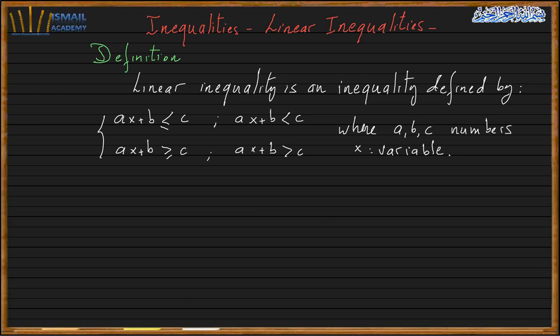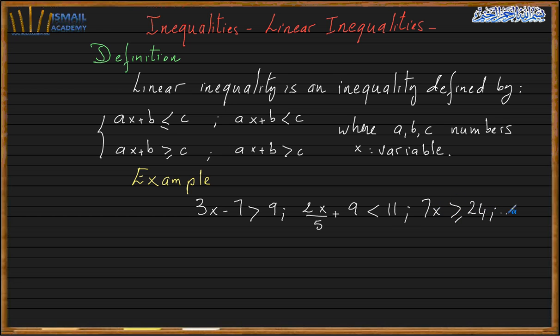Let me give an example of linear inequality. 3x minus 7 is greater than 9. 2x over 5 plus 9 is less than 11. 7x is greater than or equal to 24, and so on.